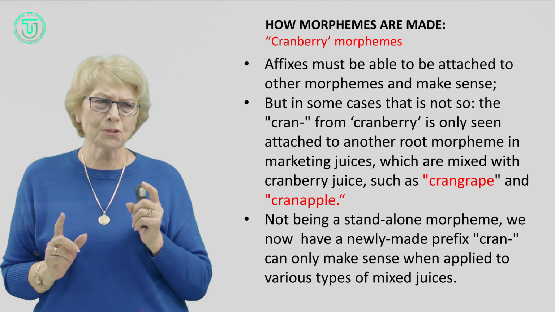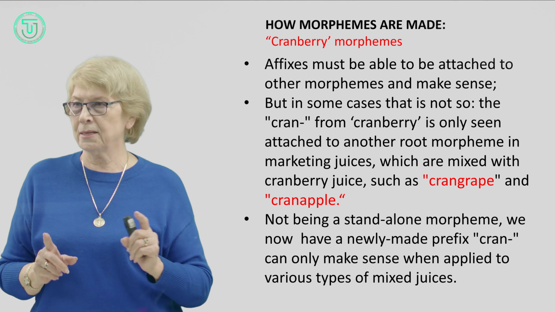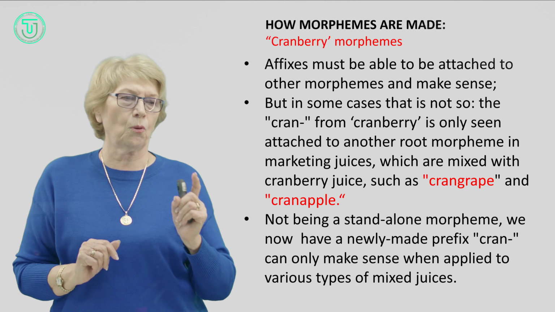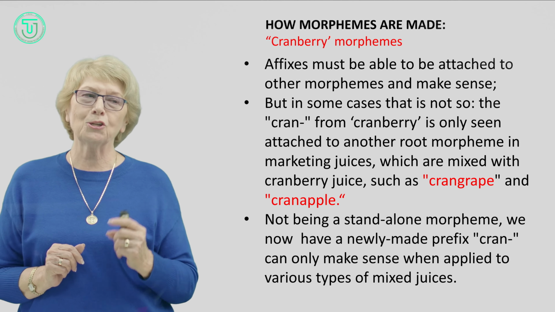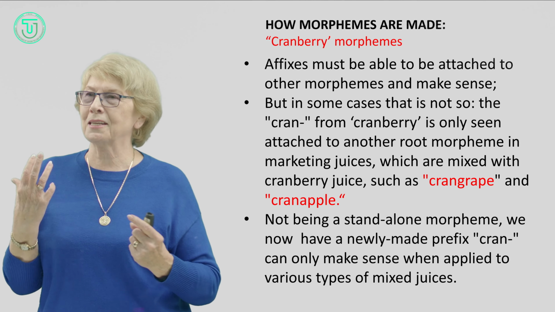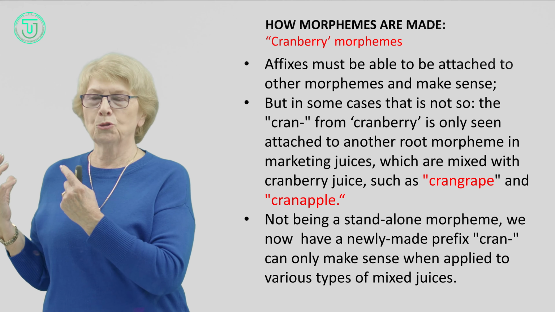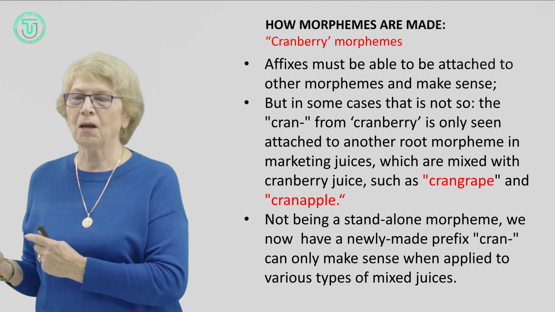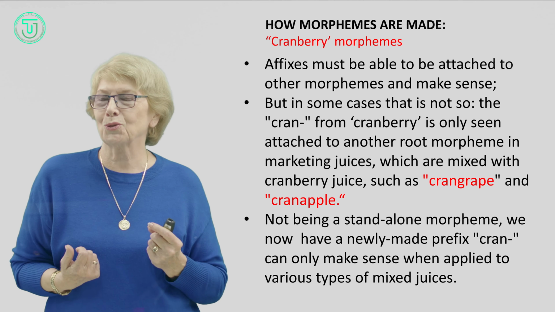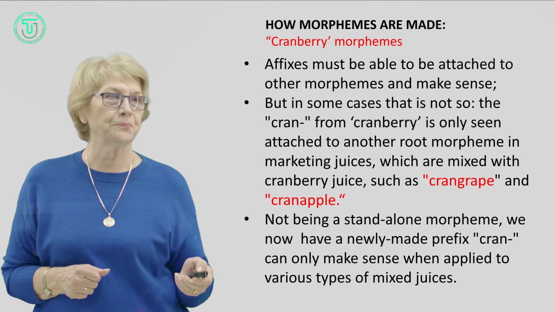Okay, so it is not a standalone morpheme like -ness or -ment or -ship or anything, but it is a newly made prefix. So you see, there are very sophisticated ways how affixes can be made, either from normal independent words or artificial words. And this is an artificially made prefix, cran.